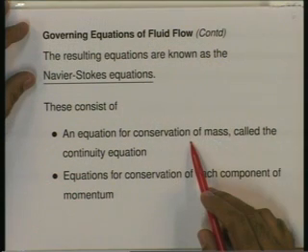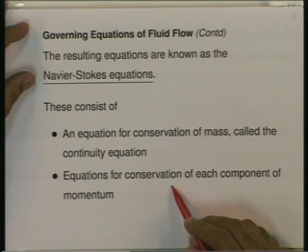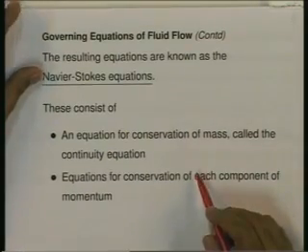In the general three-dimensional flow case, there will be three components of momentum, and we will have to write down conservation equations for each of these three components of momentum. So, in the general three-dimensional case, we will have one equation, the continuity equation representing conservation of mass, and three momentum equations, each representing conservation of momentum in the x direction, in the y direction and the z direction.